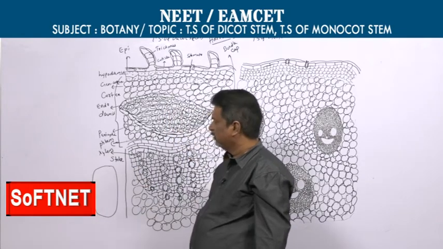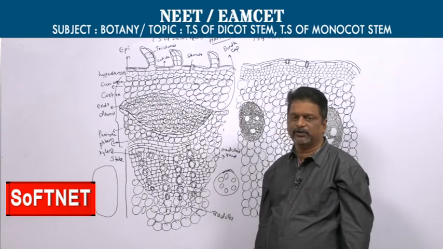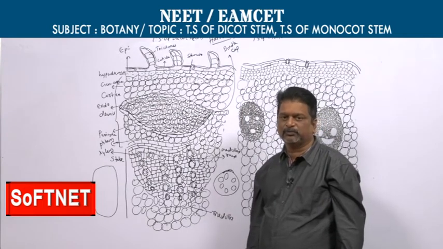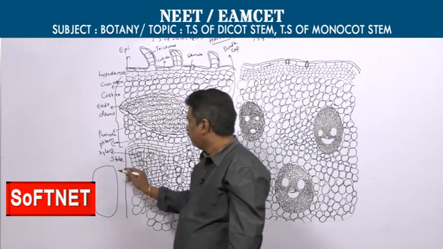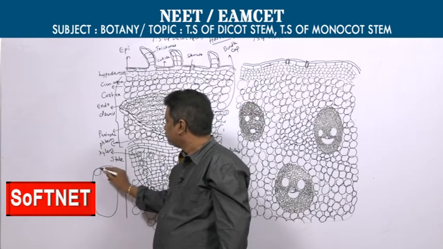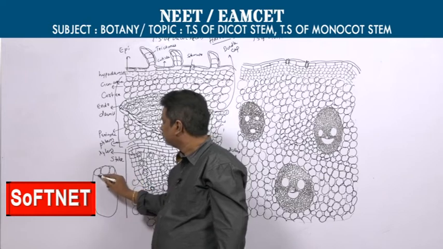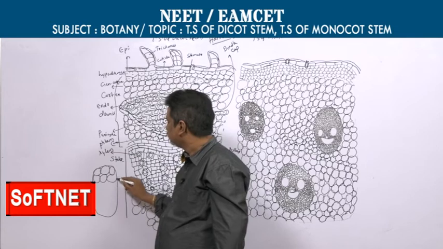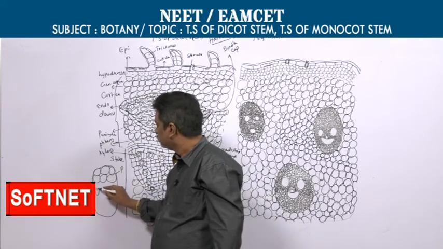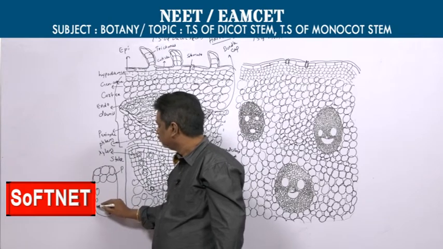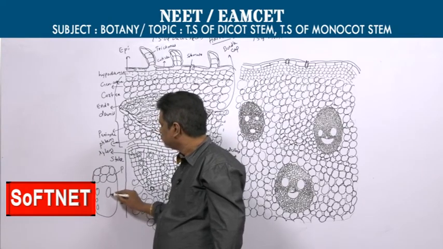In dicot stem, vascular bundles are wedge shaped. Wedge means top shaped. Among vascular bundles, generally phloem is outside and xylem is inside.